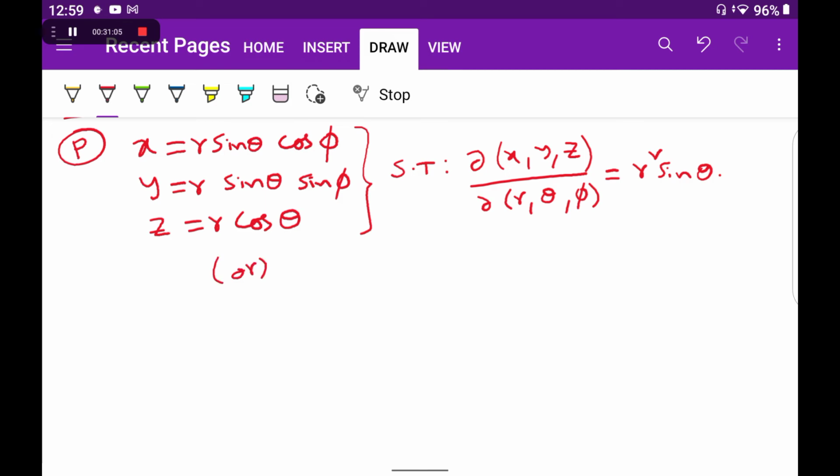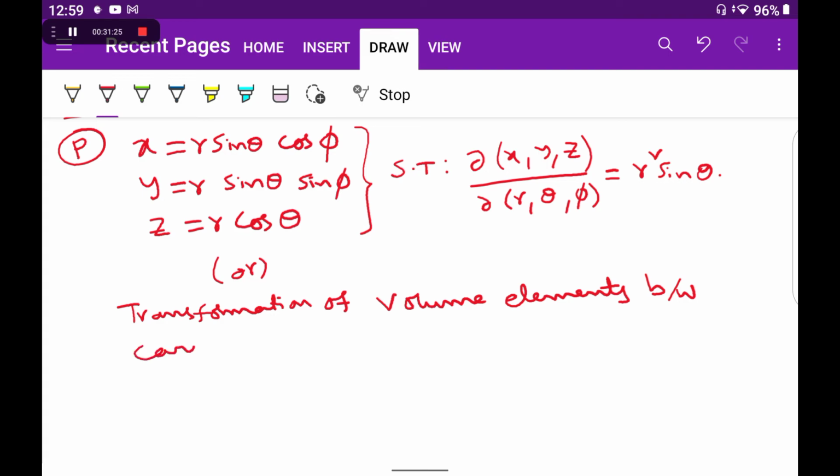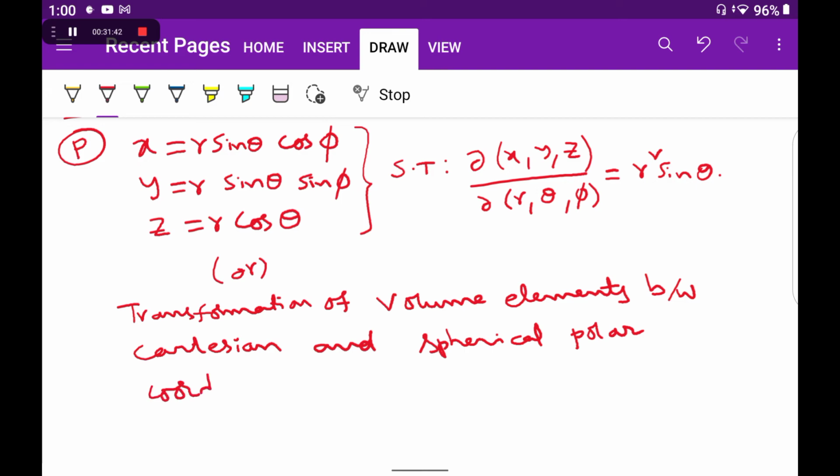It can be asked like transformation of volume elements between Cartesian and spherical polar coordinate systems. So you may be asked the problem in this way also.